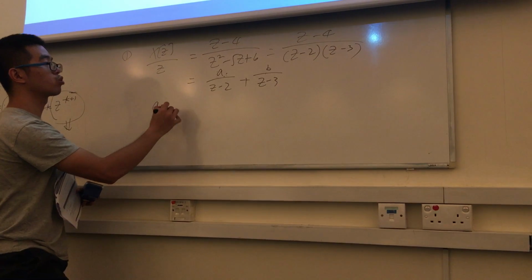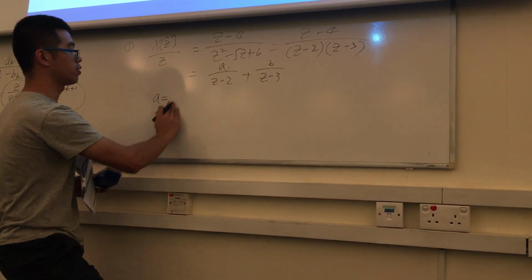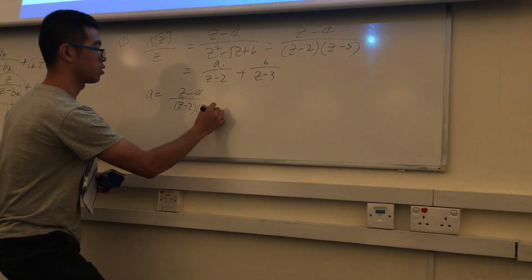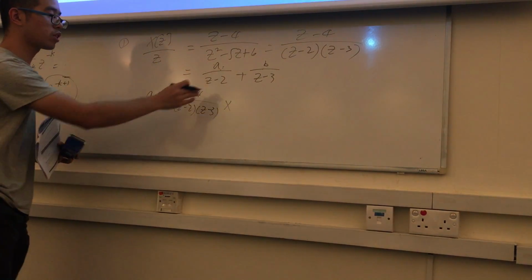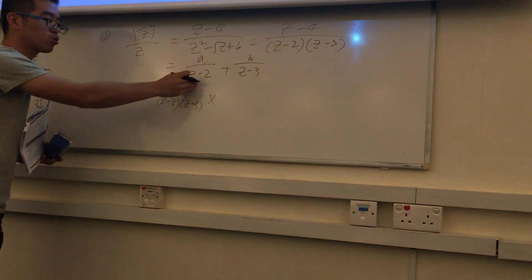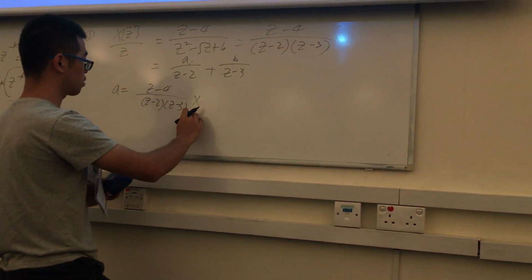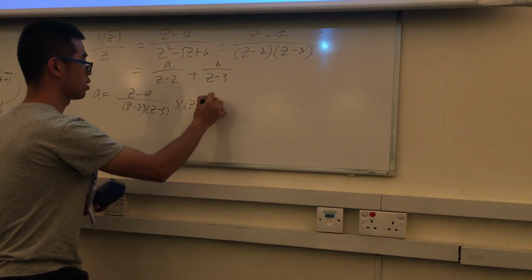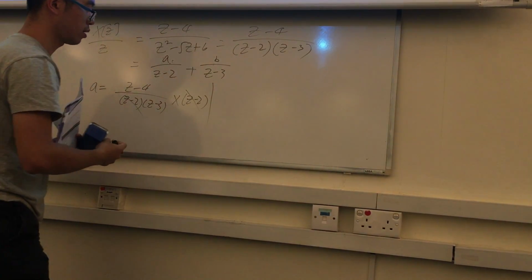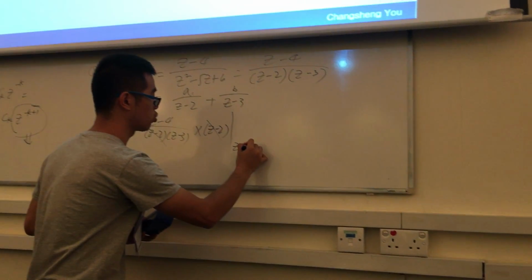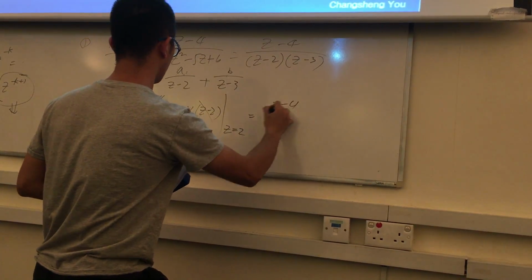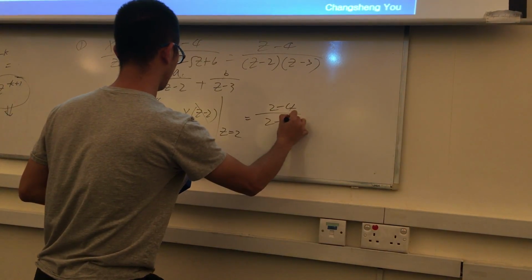A is equal to this part, times, because now you want to find the constant over z minus 2, so you need to first multiply by z minus 2. In this way, you cancel this part, right? And then you just let z be equal to 2. So it's 2 over 4, 2 over 3.